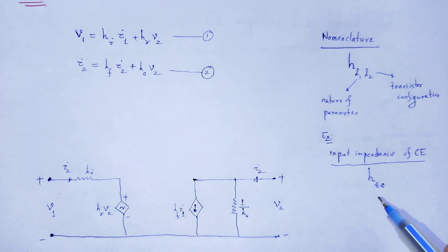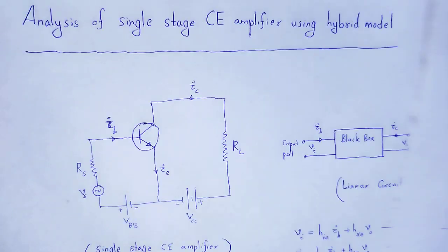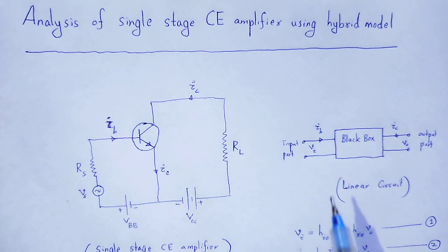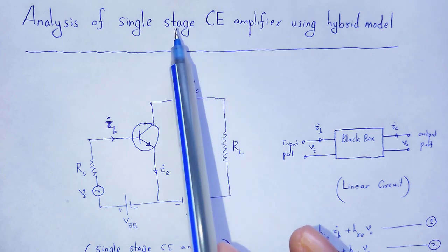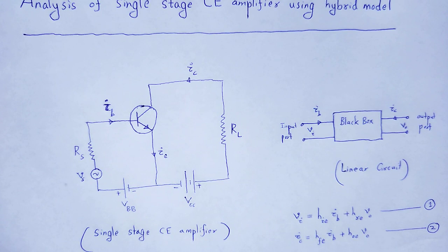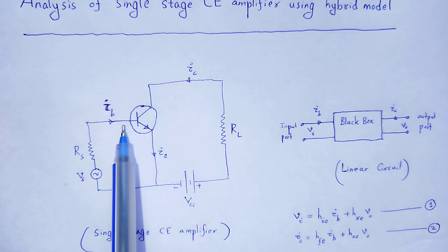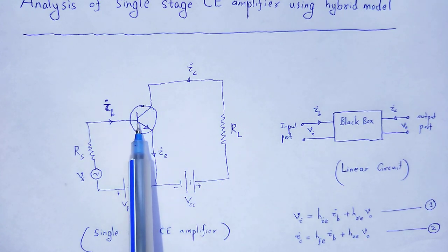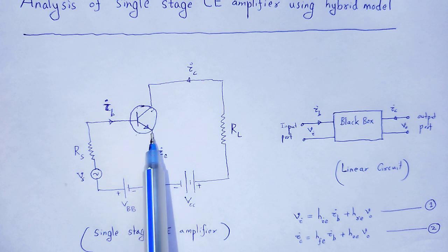In this way we noted the H parameter terms. Now, to analyze that, we have to consider a single stage common emitter amplifier. An NPN transistor with emitter, base, collector.